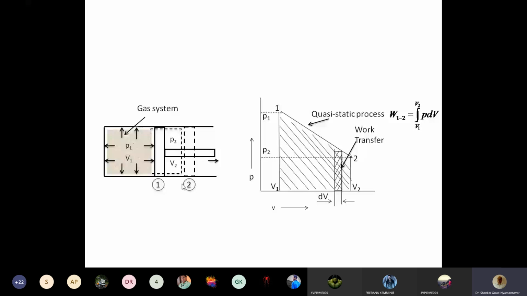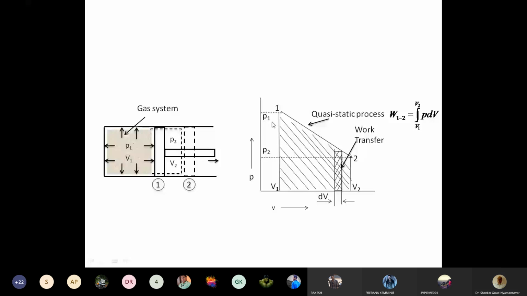Correct. V2 minus V1 into height is how much? P1 minus P2, because it is the height here. This is the triangle, right? This height I want, only this height. P1 is the total height. Correct? P1 minus P2 will be this height.